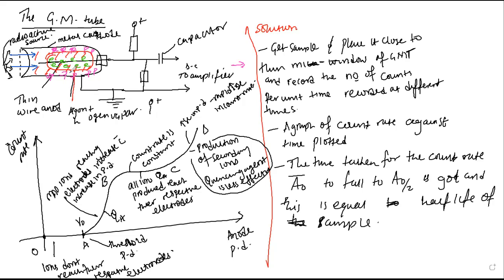So if the pressure is high, then our quenching agent might not be in a position to absorb the kinetic energy of the ions formed by secondary emission, because they'll be moving at a very high rate. Are you getting my point?